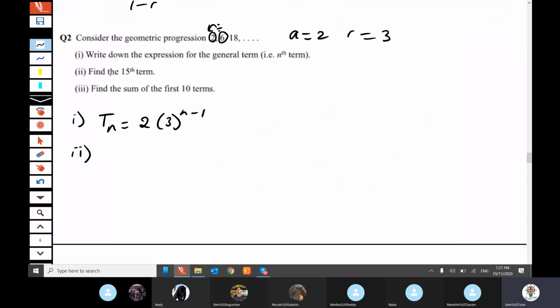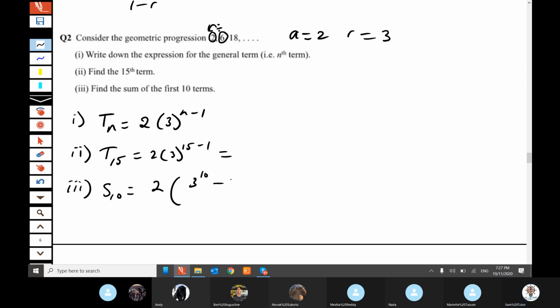Find the 15th term, T15. Easy. Part III. Find the sum, S of 10 equals A, R to the n minus 1 over R minus 1. So this n up here is attached to the minus 1. This n is not attached to the minus 1.